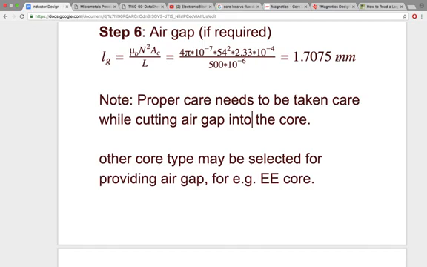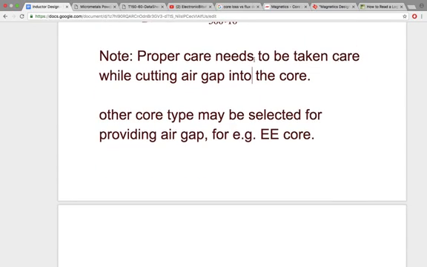If you start cutting with your hacksaw blade or some other blades, you know what will happen, you'll end up with some error. So in toroidal core, generally it's better to choose toroidal core only when an air gap is not needed. What people do, if they are going to have a big air gap and it's difficult in toroidal, is choose some other cores like double E core, ETD core, EI core.